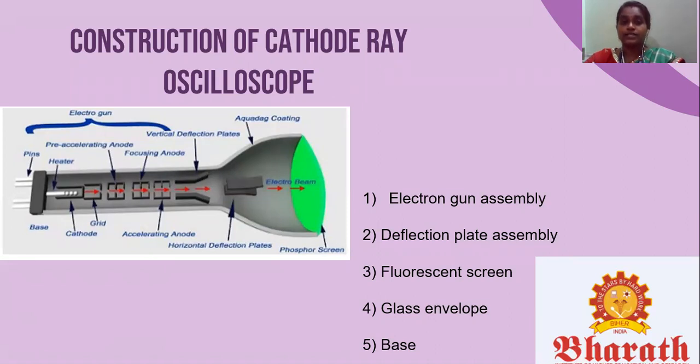The second part is the deflection plate assembly. The electron beam, after leaving the electron gun, passes through the two pairs of deflection plates. One pair of plates is mounted horizontally and produces an electric field in the vertical plane. This pair produces a vertical deflection and is called the vertical deflection plates or Y plates.